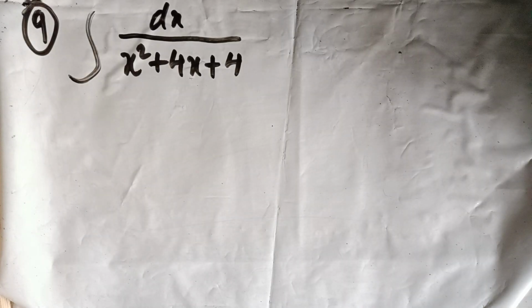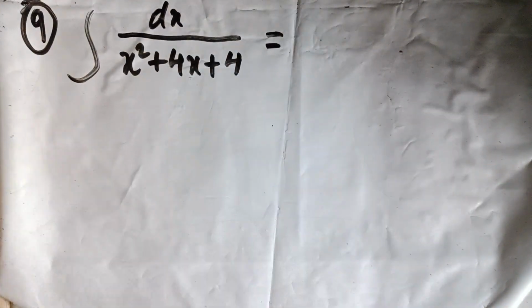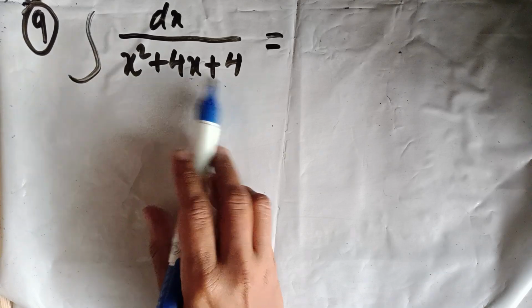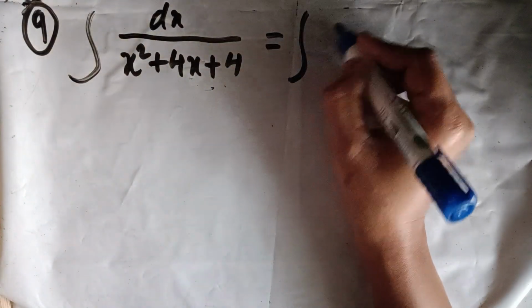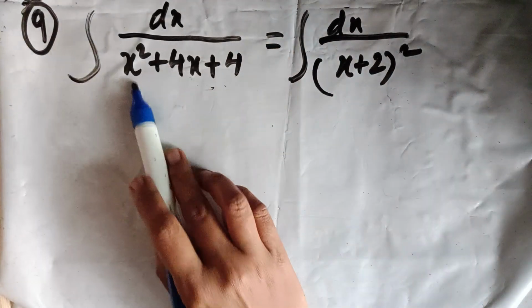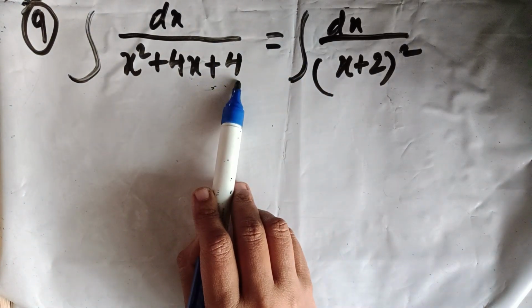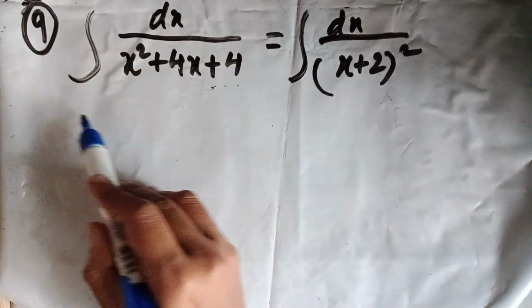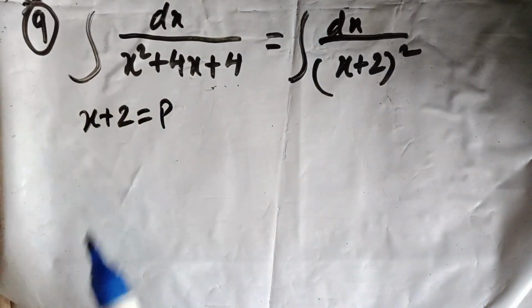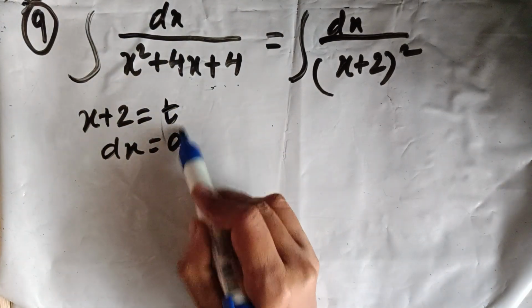Next question, integral dx upon x square plus 4x plus 4. So we have to write this denominator in terms of some (a plus b) the whole square, right? Looking at the numbers, you can identify this. That is, this is x plus 2 the whole square. A square, x square plus 2 into 2x plus 2 square. Okay. Now this x plus 2 you have to substitute as some t. Okay. So your dx becomes equal to dt.